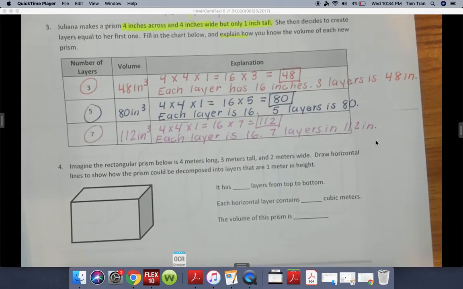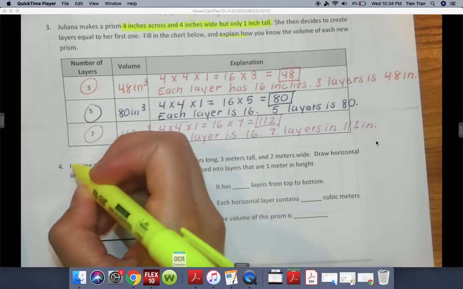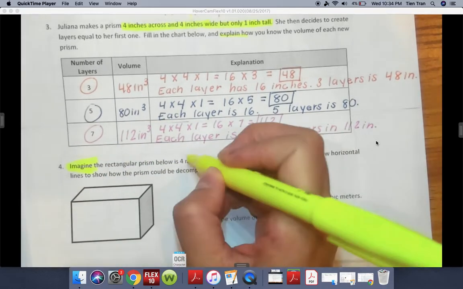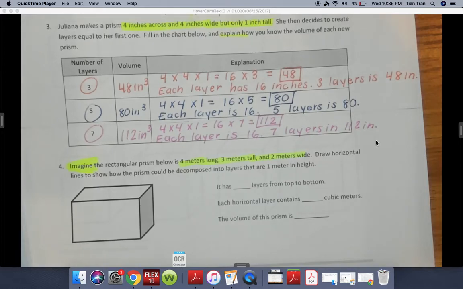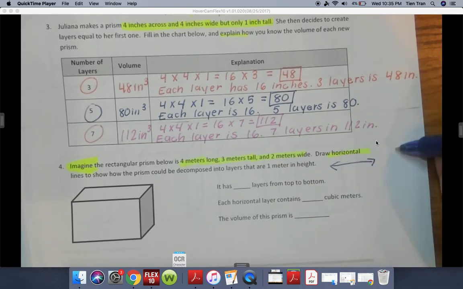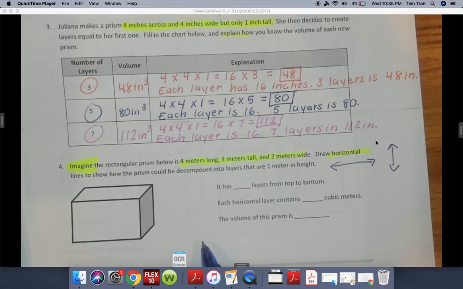Okay, problem 4. Imagine the rectangular prism. The rectangular prism is 4 meters long, 3 meters tall, and 2 meters wide. Draw horizontal lines. Like I said before, horizontal is from left to right. Vertical is up and down. So I need to make sure I draw lines that are horizontal.